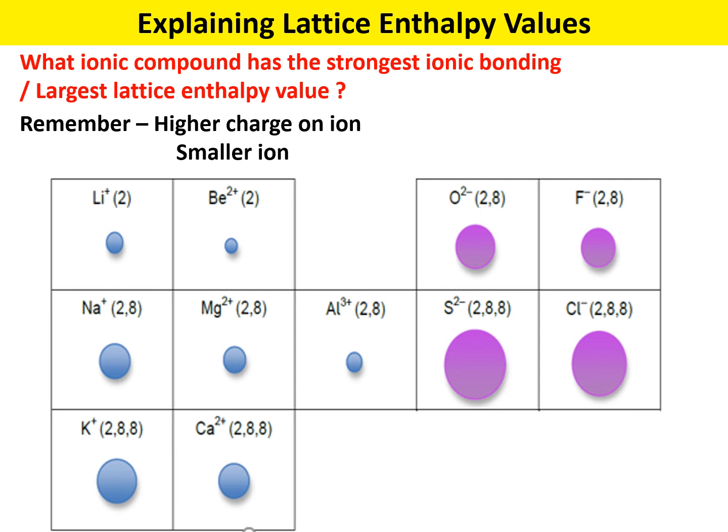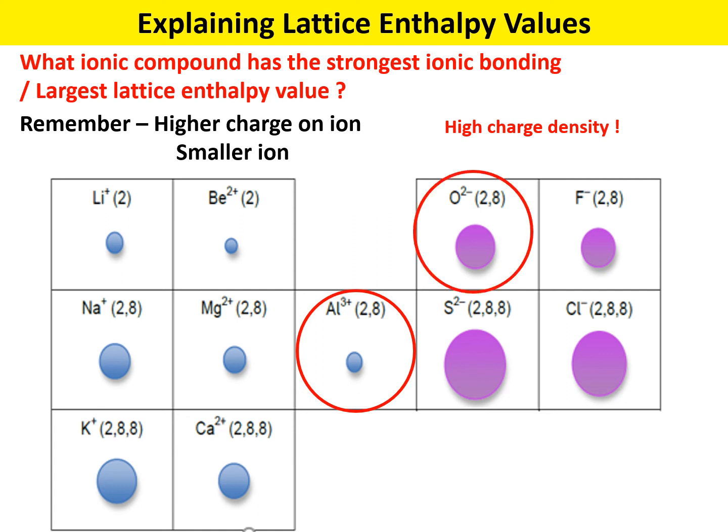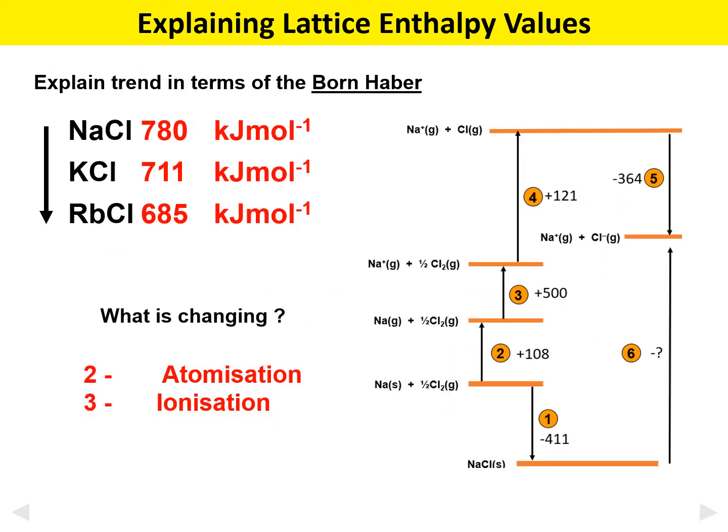We'll be looking for a highly charged ion and a small ion. If we look at our metals, we can see that aluminium ions are the smallest, most highly charged ions. And if we look at our non-metals, we can see that the oxide is the smallest, most highly charged non-metal ion. Therefore, aluminium oxide has the strongest ionic bonding.